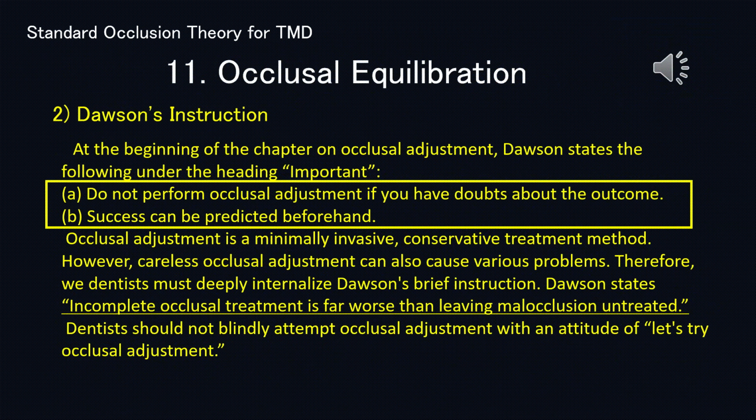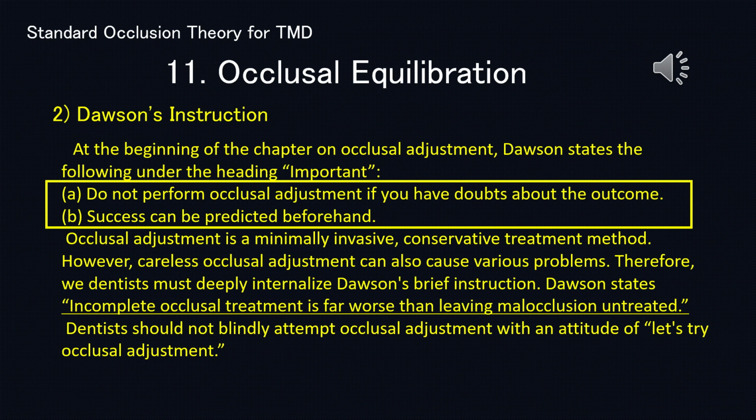2. Dawson's instruction. At the beginning of the chapter on occlusal adjustment, Dawson states the following under the heading Important. A. Do not perform occlusal adjustment if you have doubts about the outcome. B. Success can be predicted beforehand. Occlusal adjustment is a minimally invasive, conservative treatment method.